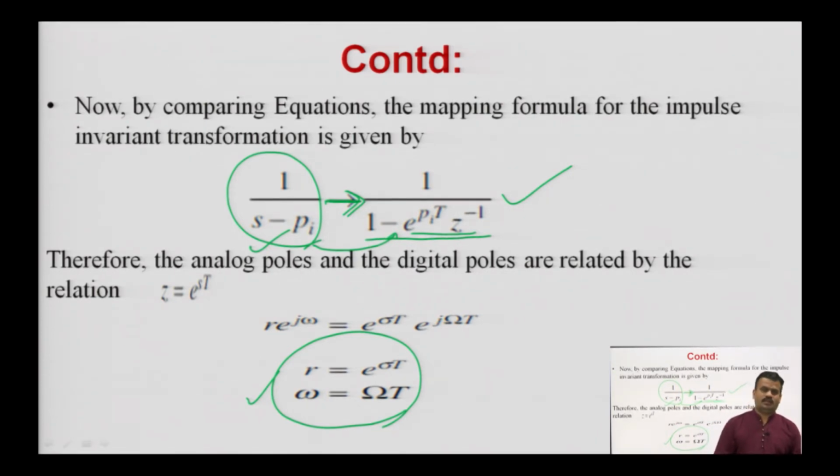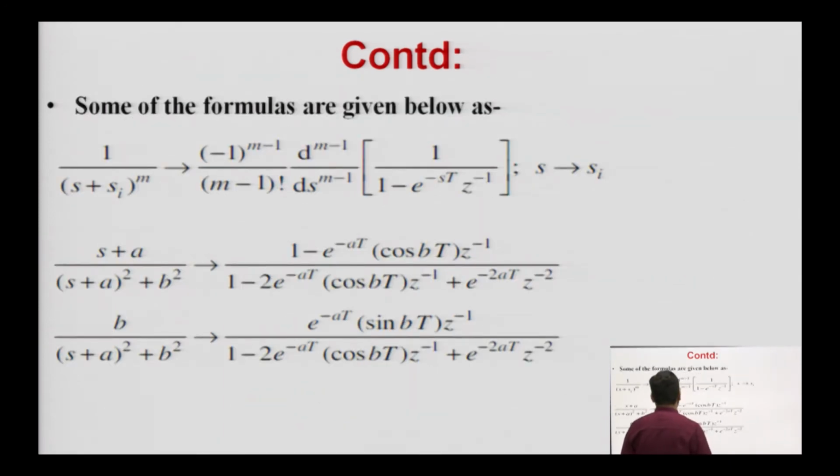If you follow these 3 steps for any type of expression, then you can convert your H(s) into H(z) easily by using this method. So, these are the 3 formulas that you will study in your subject. If you remember these 3 formulas directly, then you can convert directly.